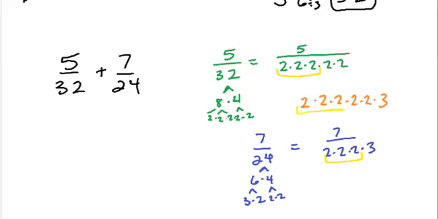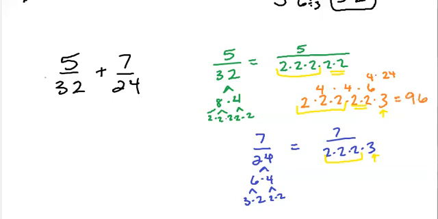These were the same for both of them, so I only have to list them once, and then my extras were right here and my extra right here. So 2 times 2 is 4, 2 times 2 is 4, and 2 times 3 is 6. So I can do 6 times 4 is 24, and then 24 times 4 is going to be 96.